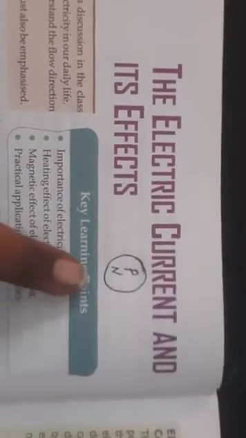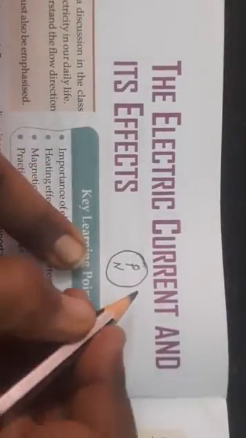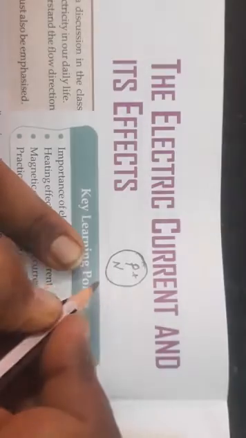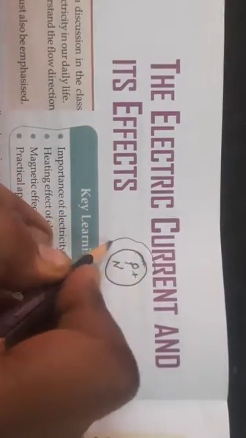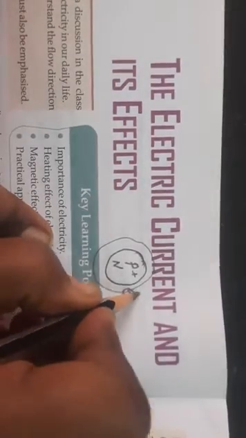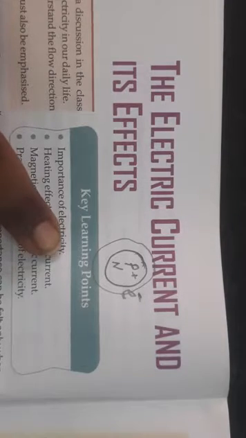Now, these protons are positively charged. Neutrons do not have any charge, and the electrons, which circulate around the atoms, are negatively charged. Clear, children? I hope it's clear. Electrons are negatively charged.